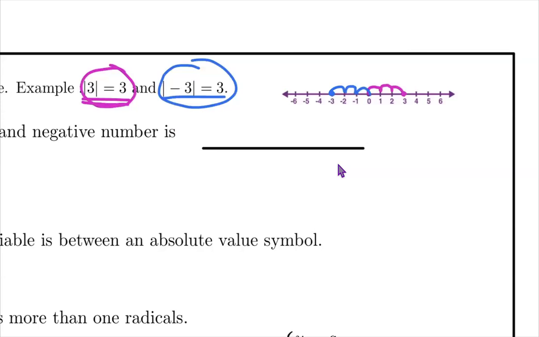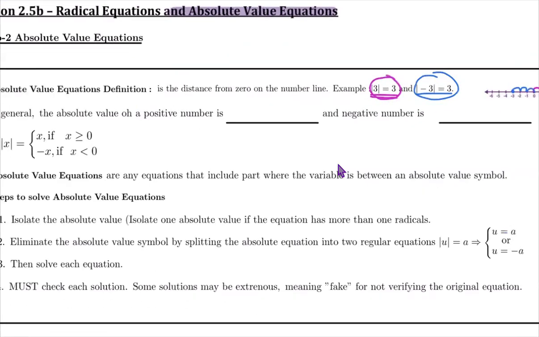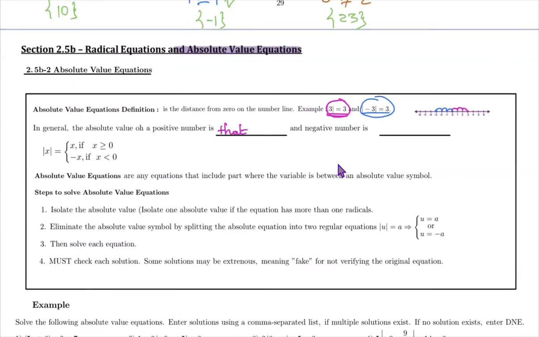So the absolute value of a positive number is that number, whereas the absolute value of a negative number is the opposite of that number.